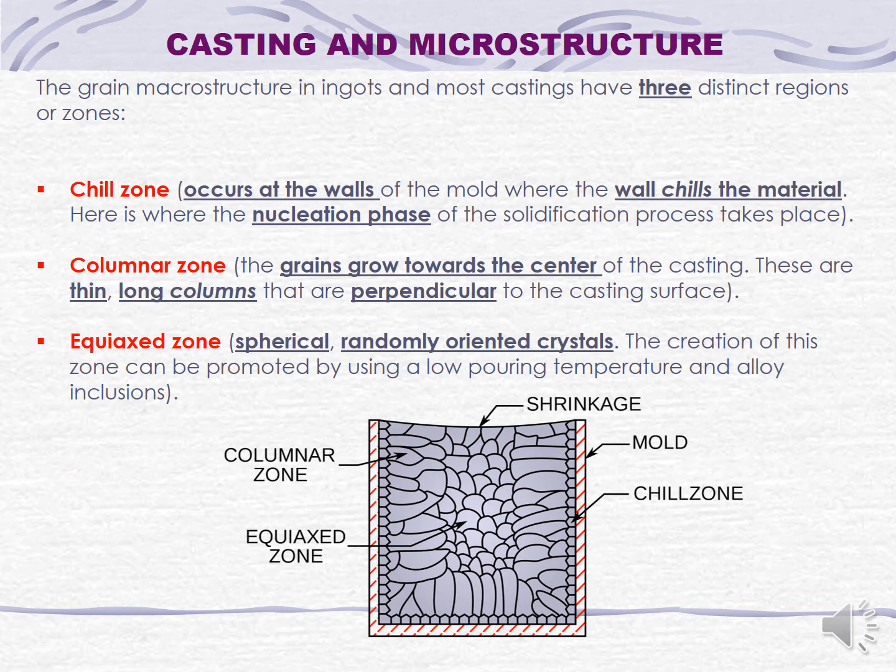Let's move to this one. This is about the microstructure of casted product. There are 3 distinct regions or zones. The first one is the chill zone. Where is the chill zone in this illustration?